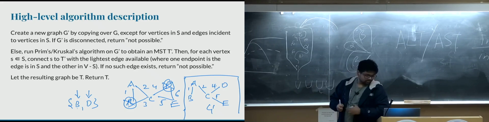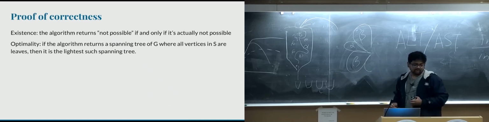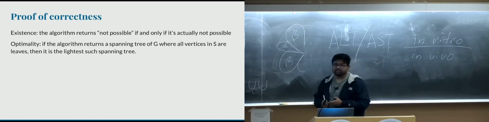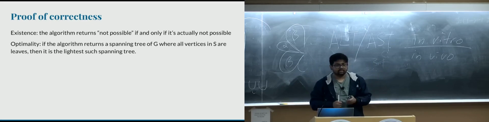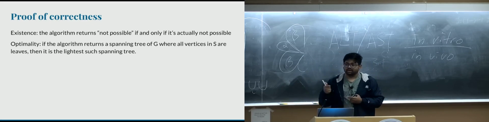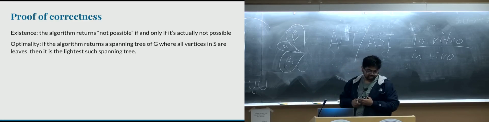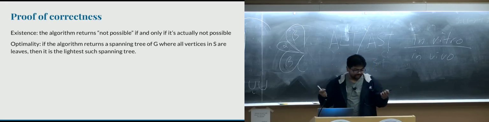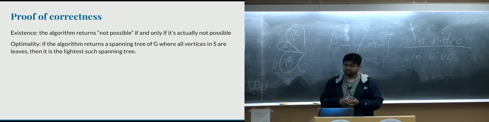First, you prove the existence. That means you want to show that the algorithm returns not possible if and only if it's actually not possible to create such an MST with all the properties mentioned satisfied. And the second thing to prove is the optimality. That means the spanning tree that you are getting from your solution is indeed the lightest such spanning tree. Does that make sense?